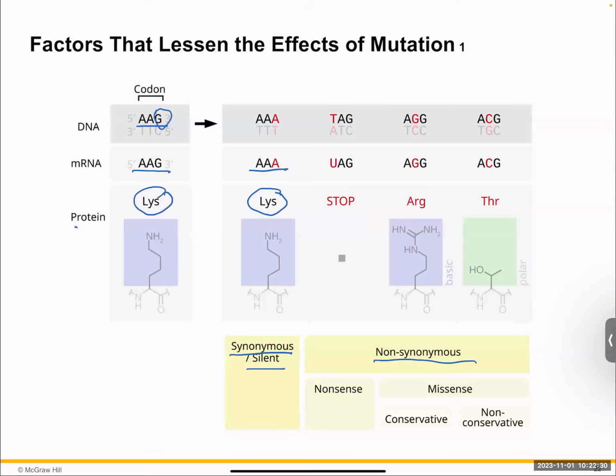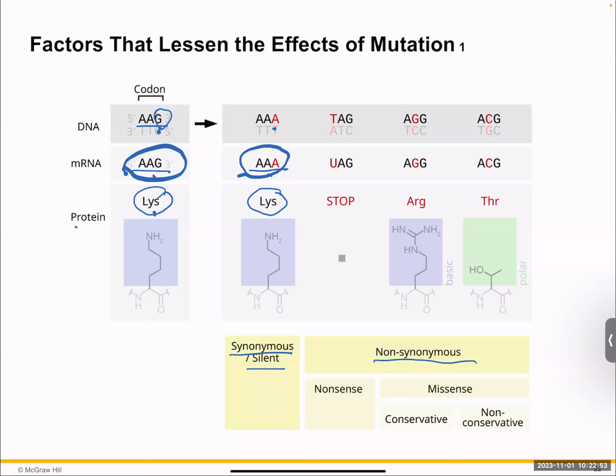So even though there is a change in the DNA sequence and therefore mRNA sequence, there is no change in protein because both the mRNA AAG and AAA encode for lysine. Hence, we're using the word silent mutation because there is no change in the amino acid sequence.